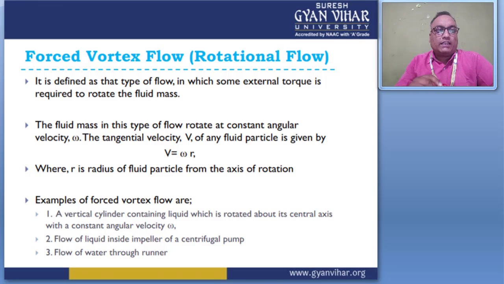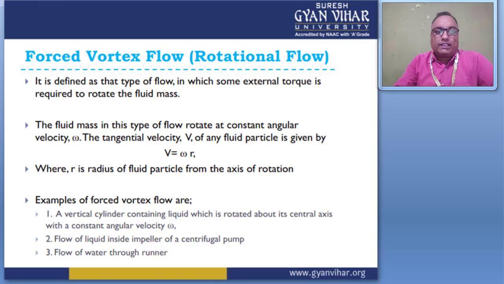It is defined as the type of flow in which an external torque is required to rotate the fluid mass. This rotation is given by the angular velocity, but here the angular velocity is constant, and it is represented by the letter omega.